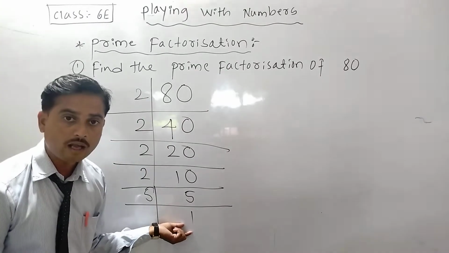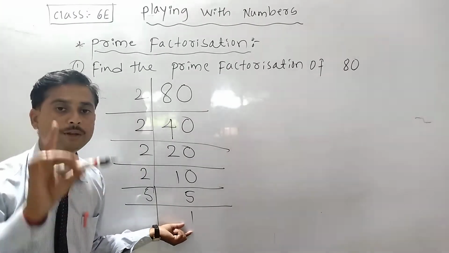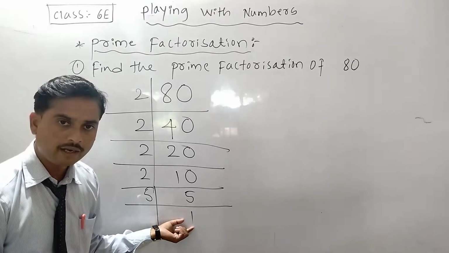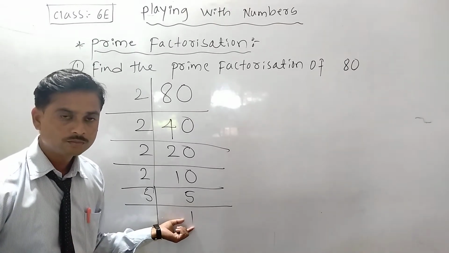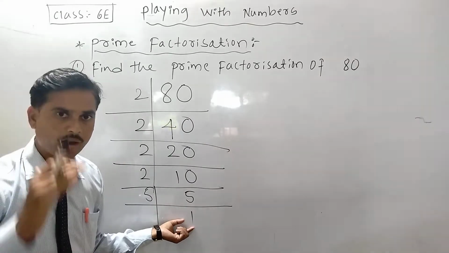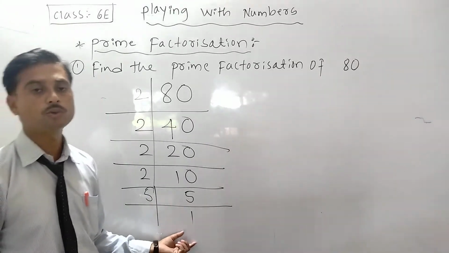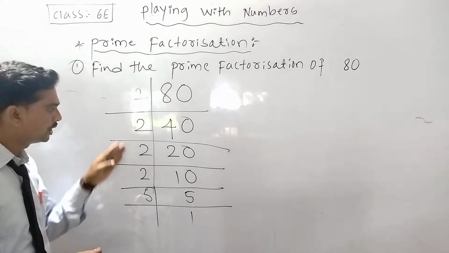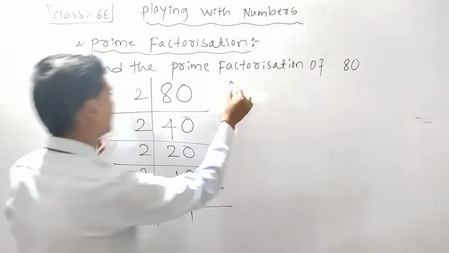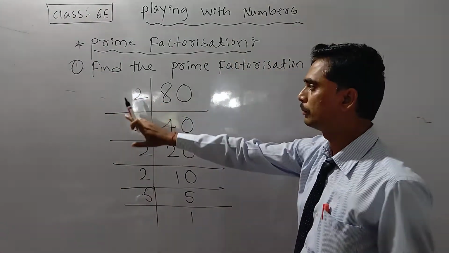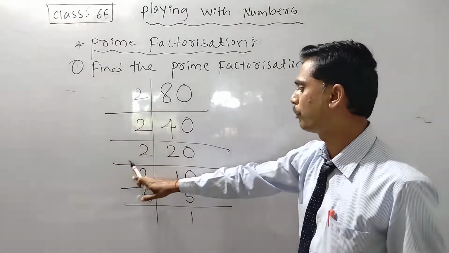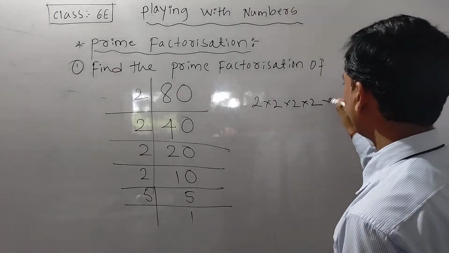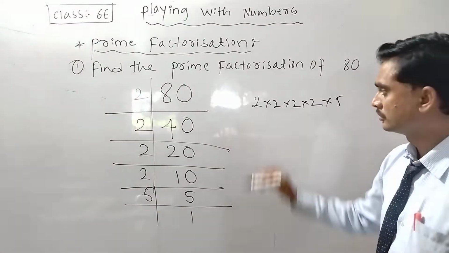You have to divide and continue until the remainder is 1, then you have to stop. Then again, whichever numbers you used, you have to multiply them. How many times is 2 divided? 1, 2, 3, 4. 2 into 2 into 2 into 2 and again 5.